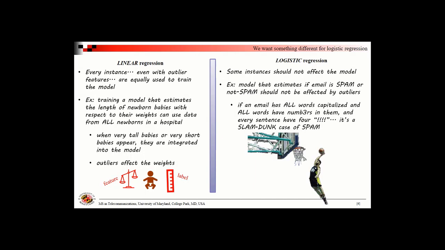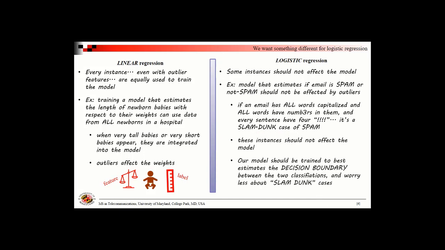If an email, for example, has all of its words entirely capitalized, and all the words also have numbers that replace letters in them, and let's say that every sentence is followed by 4 exclamation points in a row or more, this is a slam dunk case of spam, isn't it? These instances shouldn't really affect the model. Why? Because slam dunk cases are easy to classify whether they are spam or not.